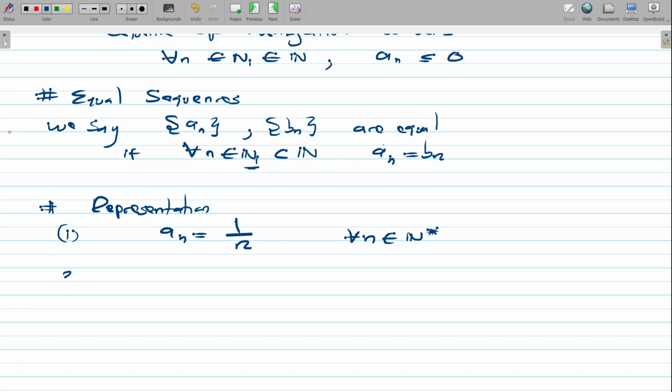Another representation is that you'll be given some u0 equal to a starting number. Let's just say 2 as an example. Then what will follow is a recurrence relation that helps you find subsequent terms of the sequence. For example, they'll give you this recurrence relation: u n plus 1 is equal to 1 divided by 2 plus 3 u n.